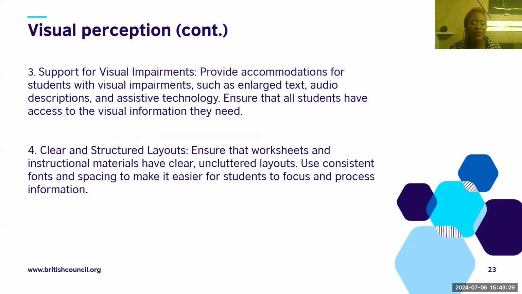Right, we continue with the visual perspective. So support for visual impairment. It provides accommodation for students with visual impairments. For example, the learners who have a problem with seeing properly, you will enlarge their text.